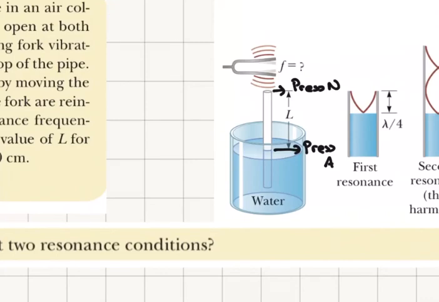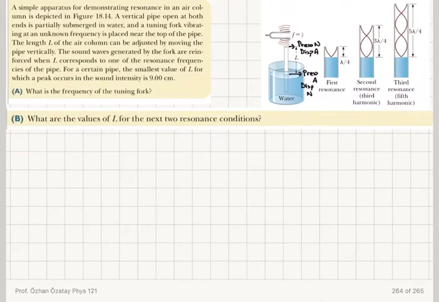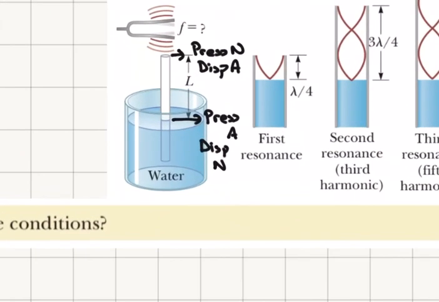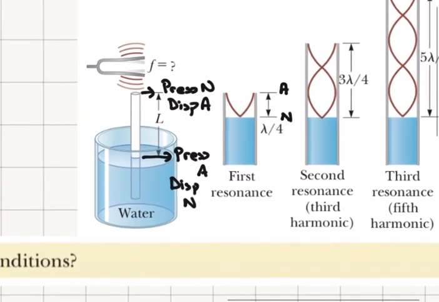This may be easier to see in terms of displacement, because the displacement of air molecules is restricted here. So it's going to be a displacement node, and here I have a displacement antinode. So that means this is like a pipe open at one end, closed at the other end.